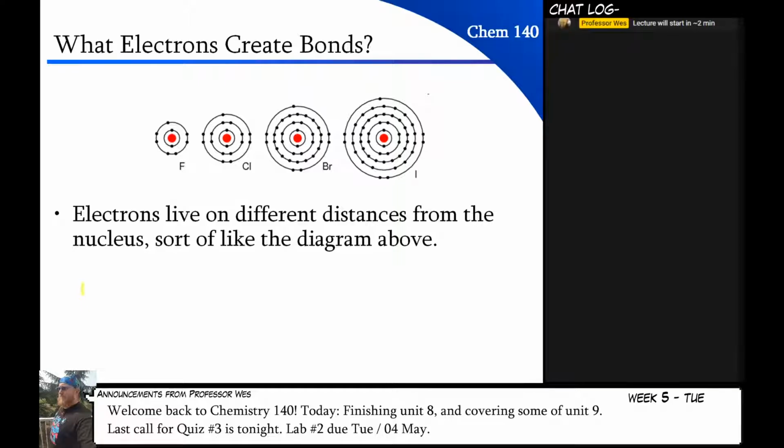What we care about in this diagram, though, is that there are two sorts of classifications that we can give electrons. We can give electrons the outside classification if they live on the outside of the atom, the outermost area.